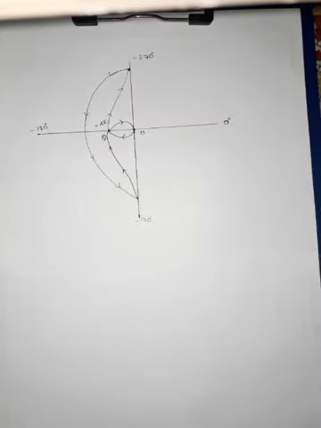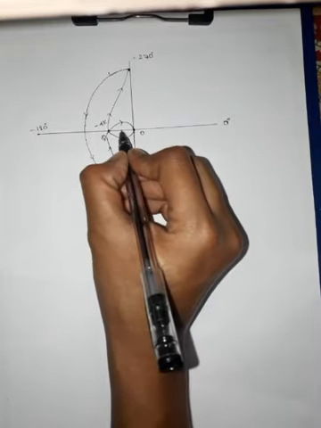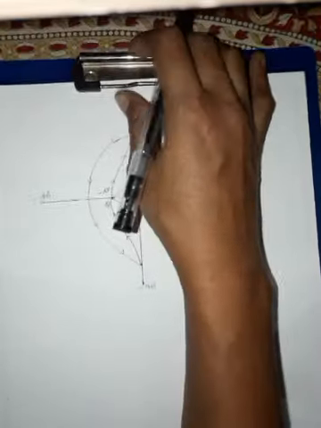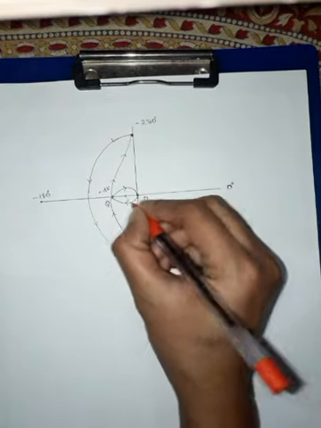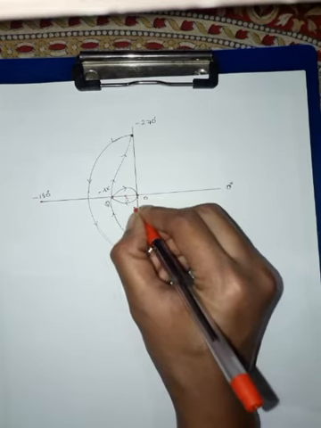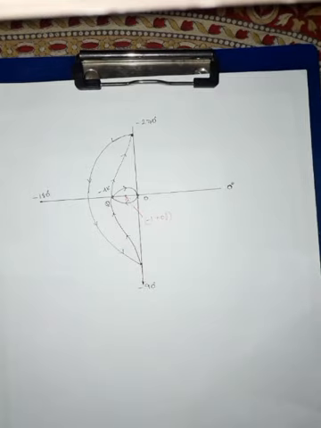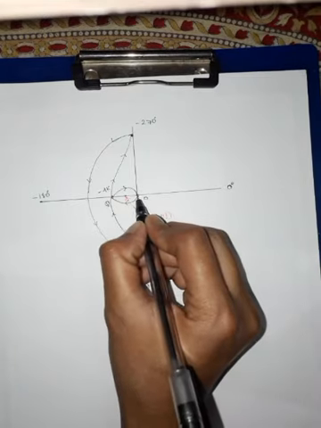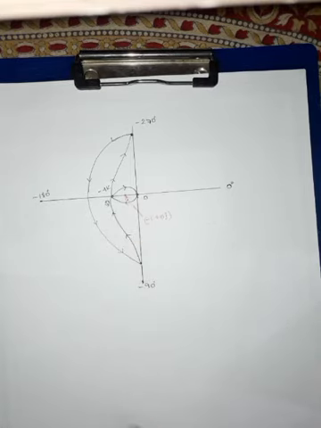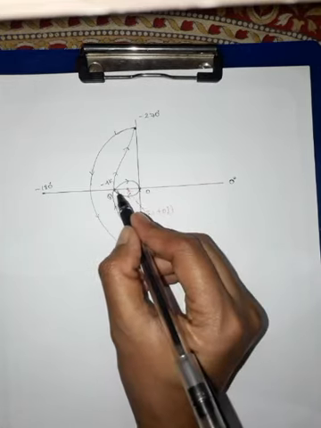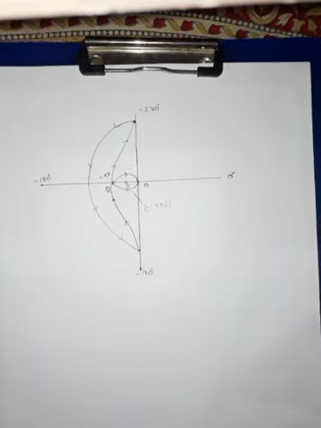So whatever the value is, the line OQ should contain the critical point, minus 1 plus 0j, so that the Nyquist plot will encircle this critical point.